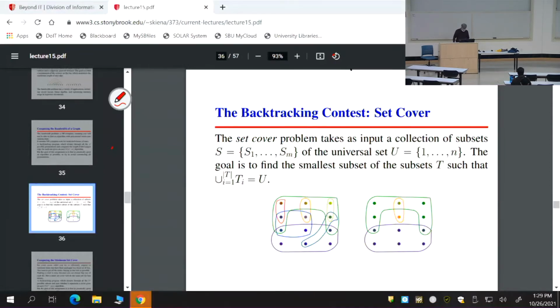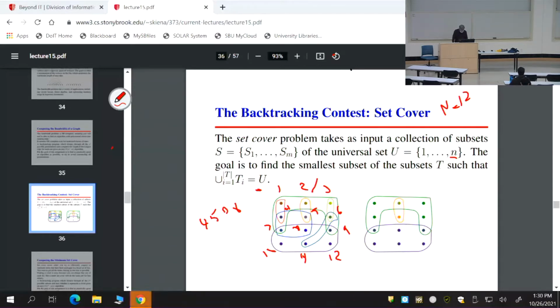You're given as input a collection of subsets. You have a universal set of n items. Here, these are the 12 dots, so in this example, n equals 12. You are given various subsets of those dots as input. If we numbered the dots 1 through 12, then the blue subset corresponds to 4, 5, 7, and 8.